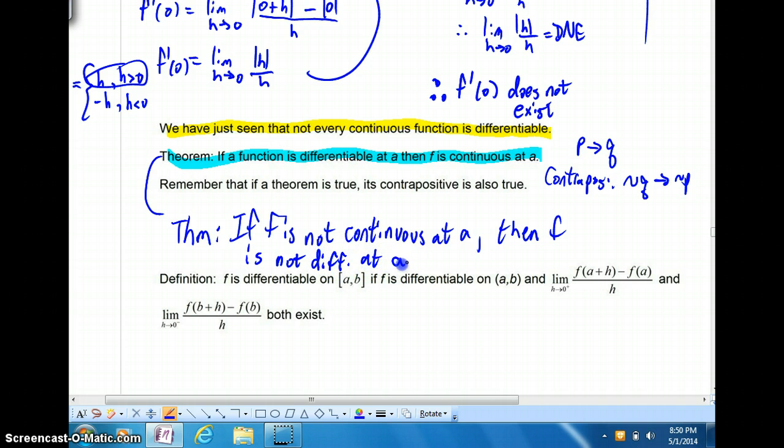So what we're seeing is that continuity is a necessary but not sufficient requirement to be differentiable. However, when our function is not continuous, of course that means we're not differentiable. So if you're continuous, you might or might not be differentiable. If you're not continuous at a given x value, there is no derivative. The derivative, of course, cannot exist.